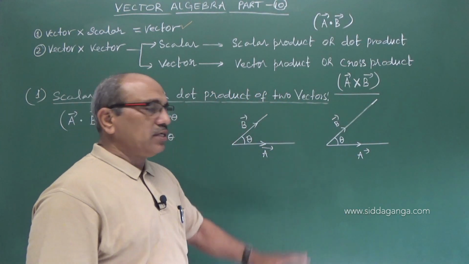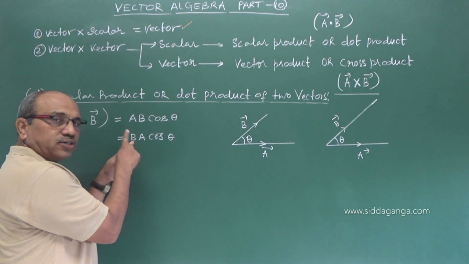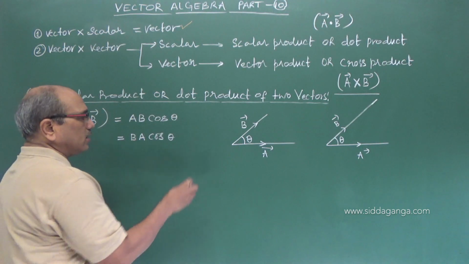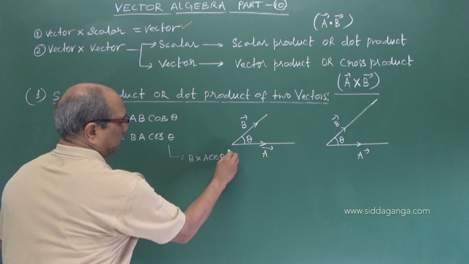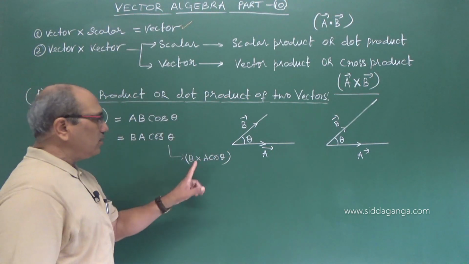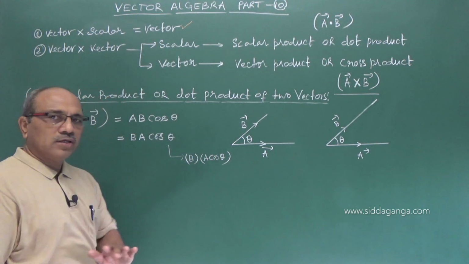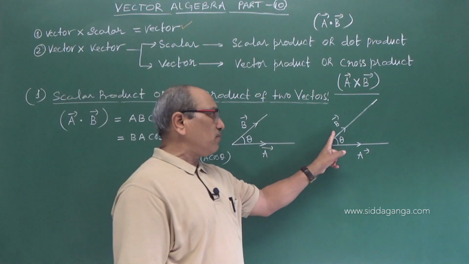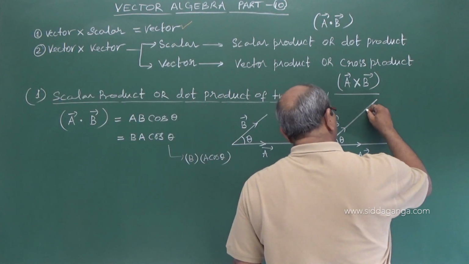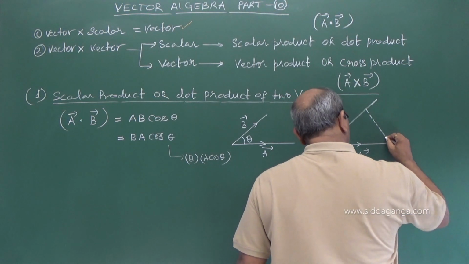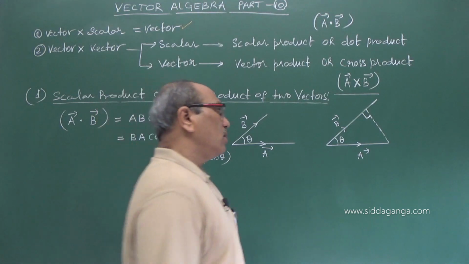It is nothing but the product of the magnitude of one of the vectors, see vector B. I can write this as B into A cos theta, not cross, into, or B A cos theta. What is B? The magnitude of this vector. A cos theta is, if you drop the perpendicular from A onto B, what you get here.